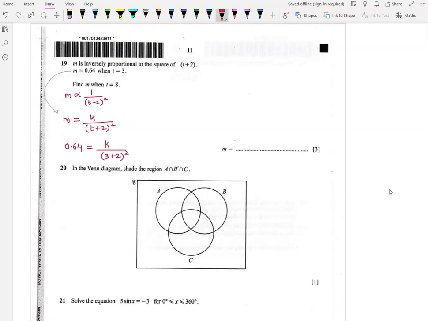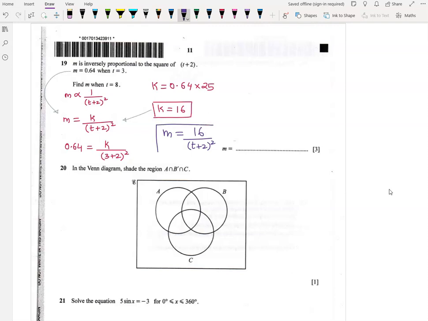Take the cross product, so we get value of k is 0.64 times 25, and that will give you k equals 16. What the value of k? Now we'll substitute it back in the same equation. You get the equation of variation. So m equals to 16 upon t plus 2 whole square.